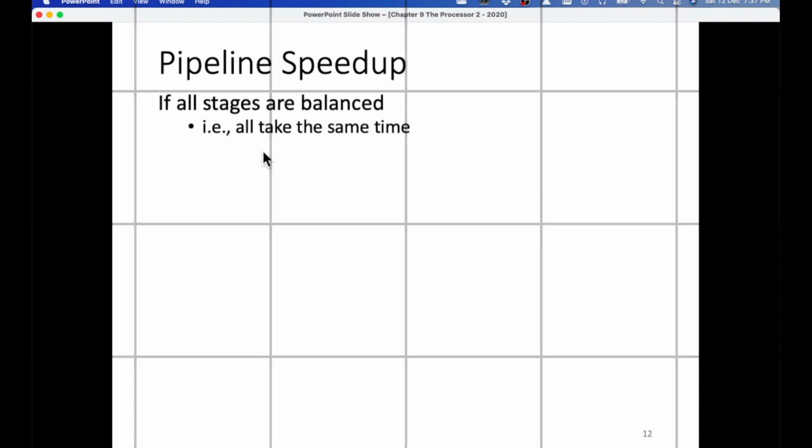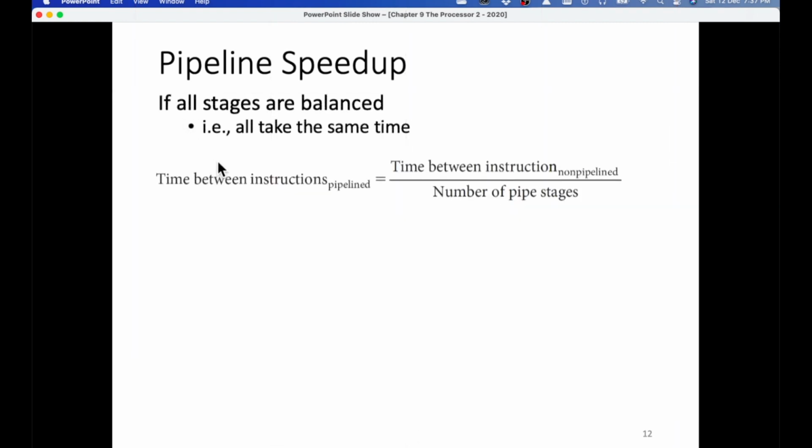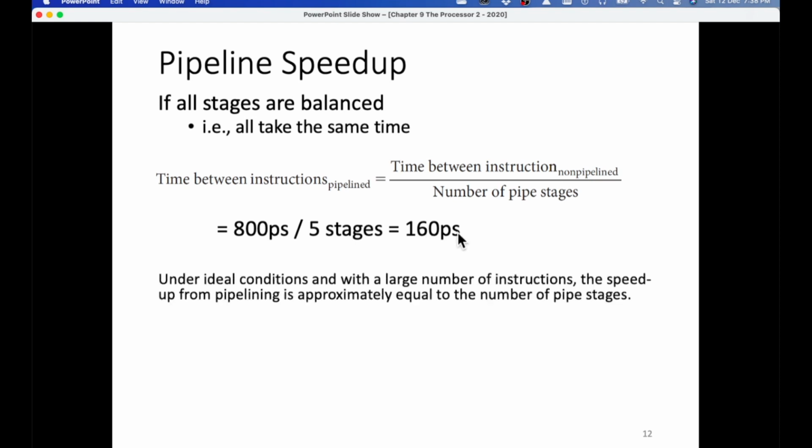Okay, to calculate the pipeline speedup: if all stages are balanced, the time between instructions in pipeline equals the time between instructions in non-pipeline divided by the number of pipe stages. In this case, we have 800 picosecond for non-pipeline divided by 5 stages, which is equivalent to 160 picosecond. So under ideal conditions and with a large number of instructions, the speedup of pipelining is equivalent to the number of pipe stages.